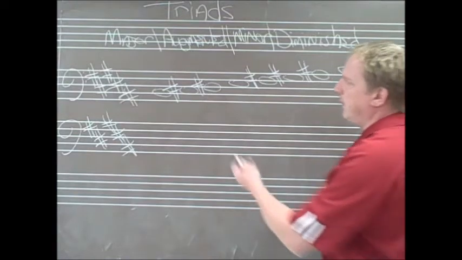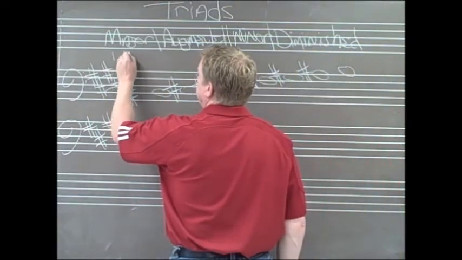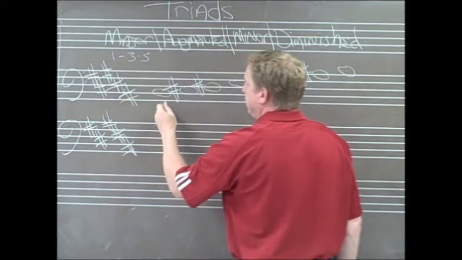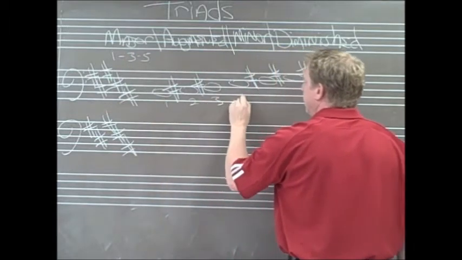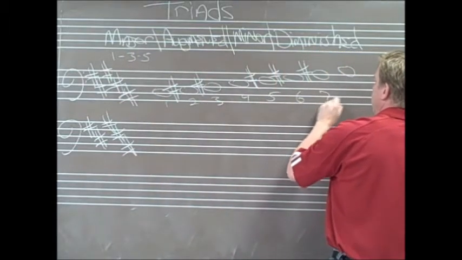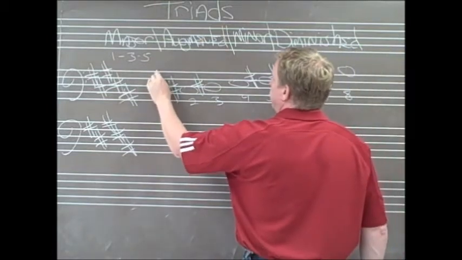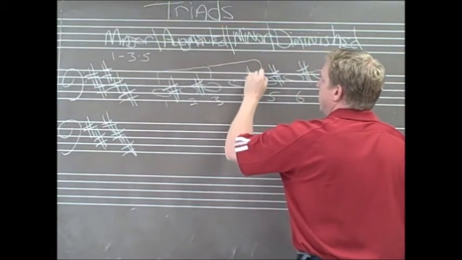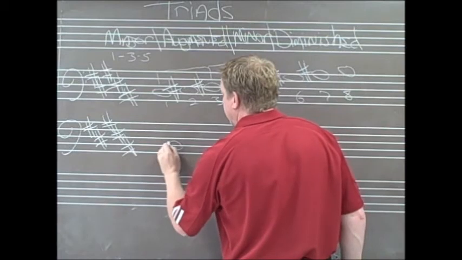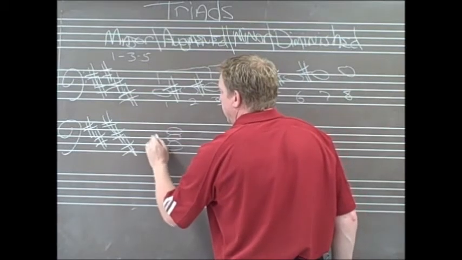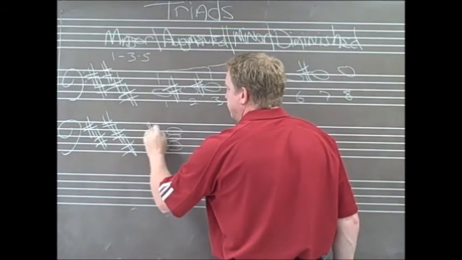All right, number formula for major is 1, 3, and 5. So that's easy. If I number these scale degrees, all I do is pluck off 1, 3, and 5, and I get B, D sharp, F sharp.